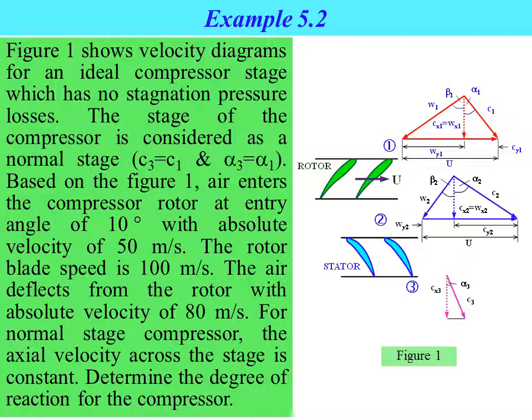The rotor blade speed is 100 meter per second. The air deflects from the rotor with an absolute velocity of 80 meter per second. For a normal stage compressor, the axial velocity across the stage is constant. Determine the degree of reaction for the compressor.